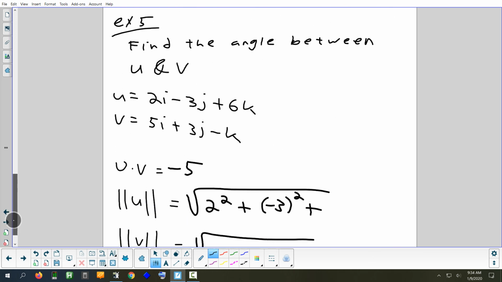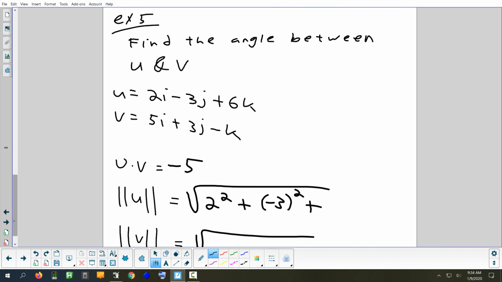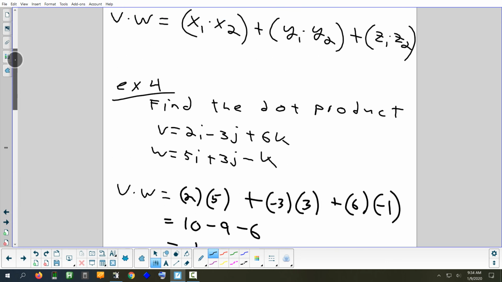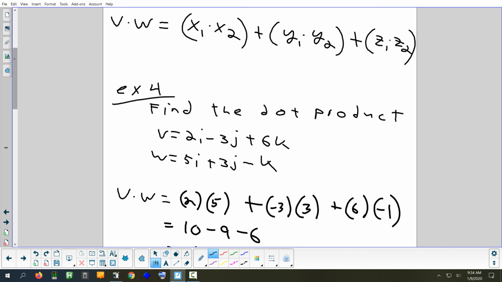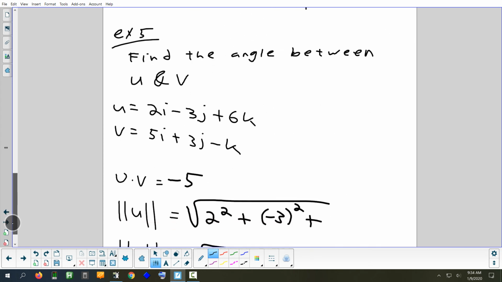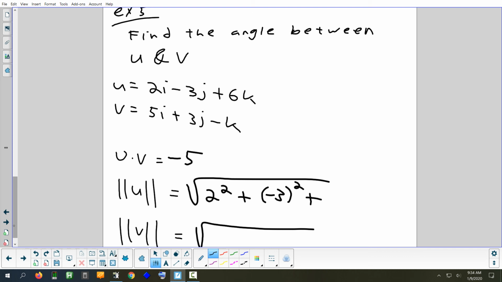Is the name irrelevant? I mean, you can call it A and B, you can call it X and Y. The name doesn't matter. It's like in algebra, if you solve the equation 2x equals 10 or 2y equals 10, you can call it whatever you want. But yeah, I did rename it. I should have kept the name the same. But I used the same numbers, that's why it's the same. So the dot product of those two was negative 5.